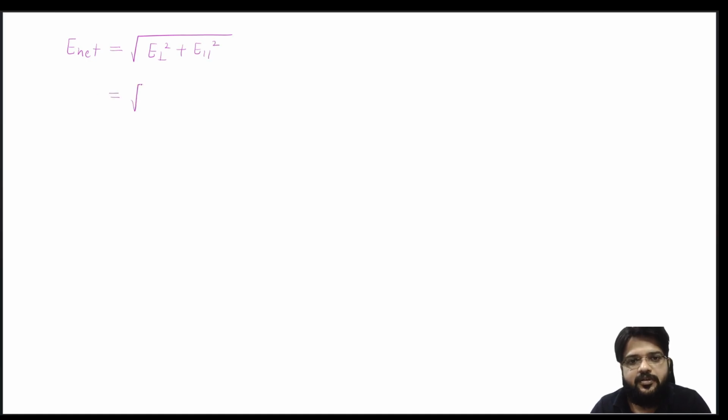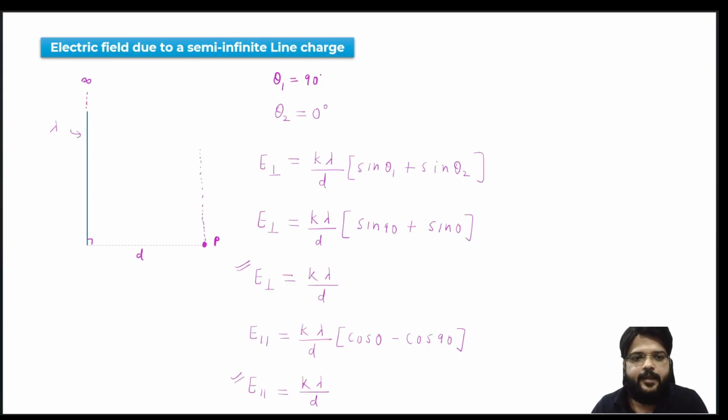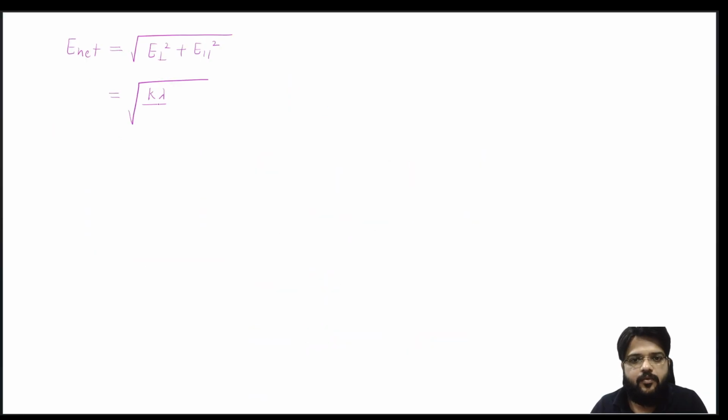Both are the same, everyone, K lambda by d plus K lambda by d. If you square this, it is 2 K lambda by d whole square, so we are getting root 2 K lambda by d. This is the net electric field.